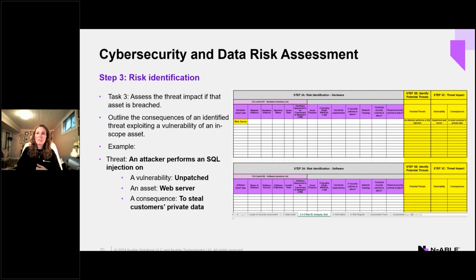So you can see here that I've expanded on the spreadsheet again to include some additional columns to highlight vulnerabilities and potential consequences. As an example, say the potential threat is an attacker that performs an SQL injection on an unpatched web server. That's the vulnerability, that's the asset, and the consequence is they're trying to steal the customer's private data.